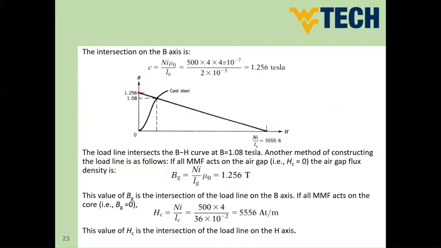Now you can draw this line, and you have the original BH curve of the cast steel. In this case, the point of intersection here will represent our operating point. This would be the value of H at 4 ampere, 1 millimeter. And this will be the corresponding value of B that we need.